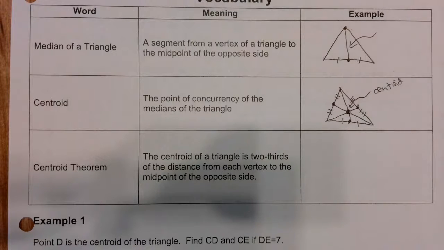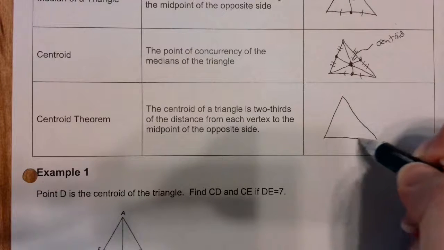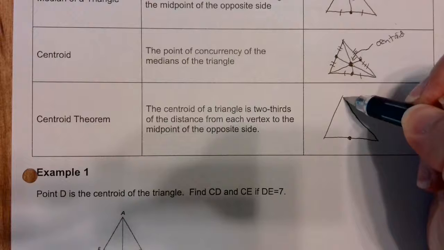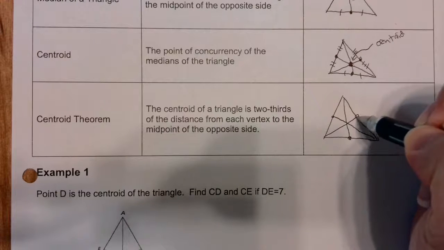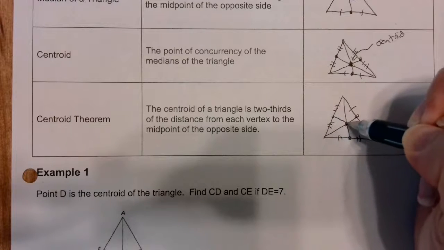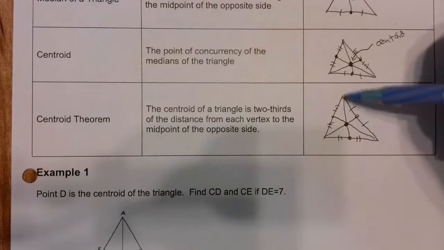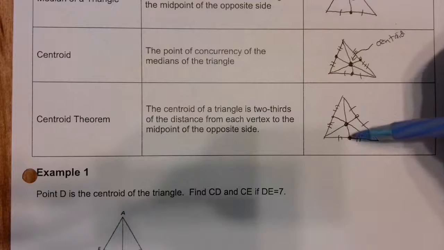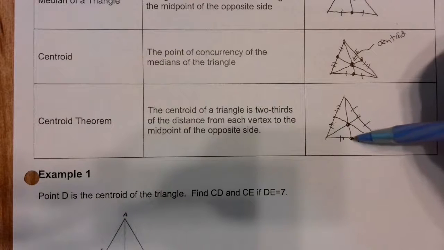So the next one is the centroid theorem. And the centroid theorem is, if you have the centroid, like this, the distance from the centroid to a vertex and the centroid to the midpoint, the distance to the vertex is twice the distance to the midpoint.